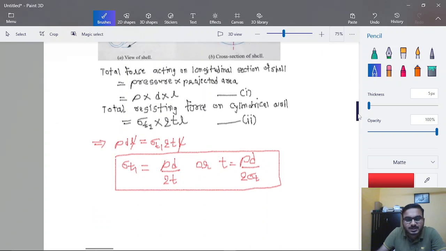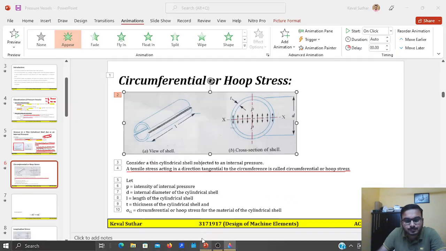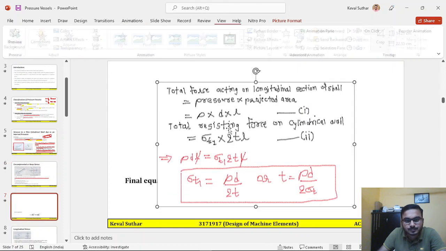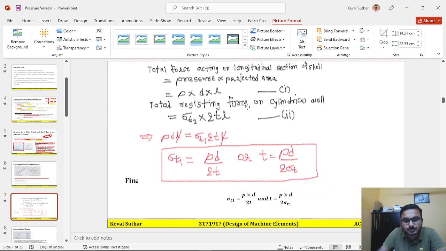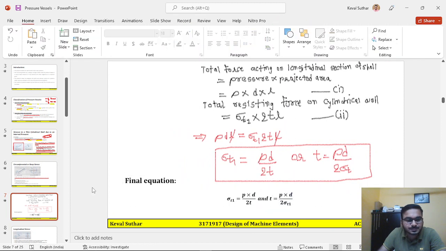So here now let's copy this portion in our presentation. So we have derived it.